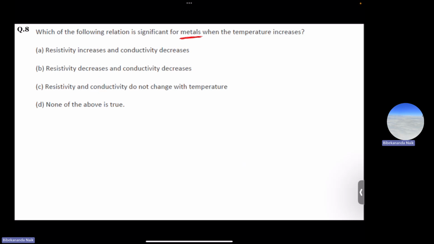So if you talk about the property of metal, for metals the charge carriers are free electrons and they are plenty. You can consider a scenario, suppose there is a room and in that room there are 10 people and we instruct them to go outside of the room through a door.